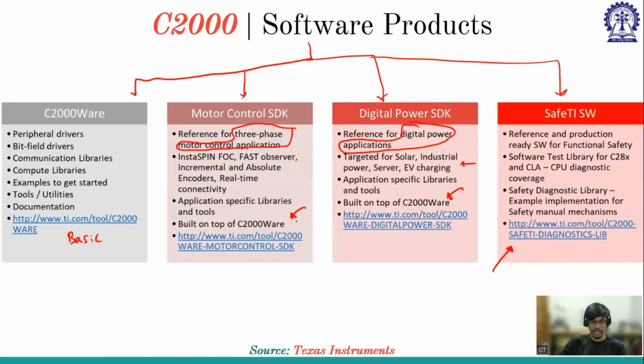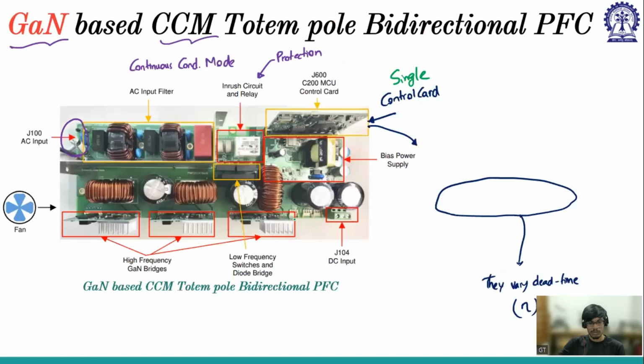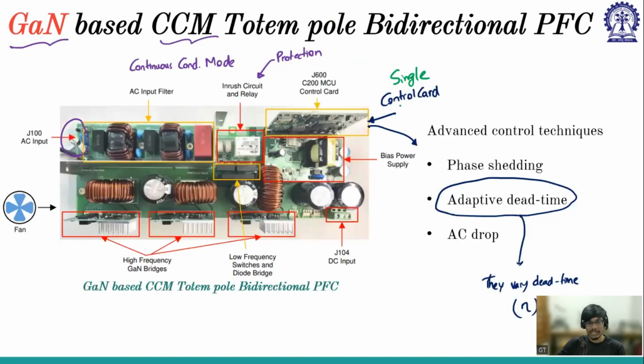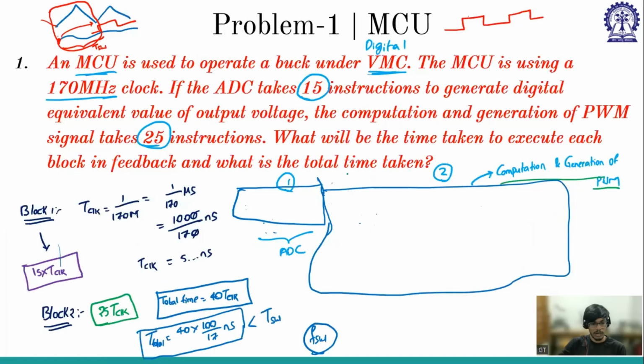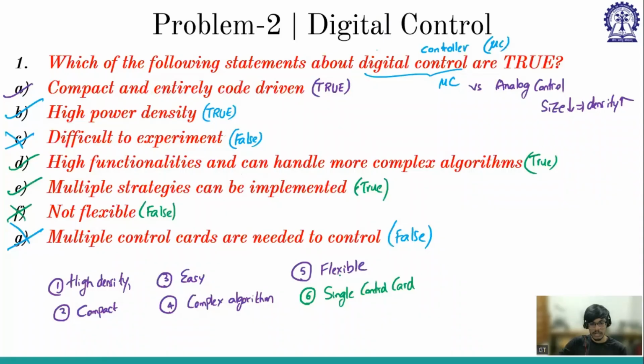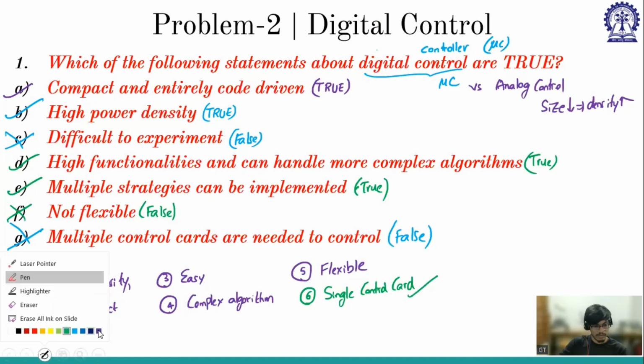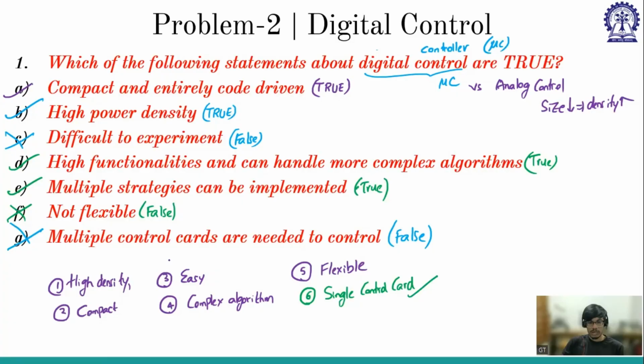It has many ADCs, DACs, comparators, everything. So only one control card should be sufficient for any application. Actually, it is more than enough. So with that, we can conclude our session.